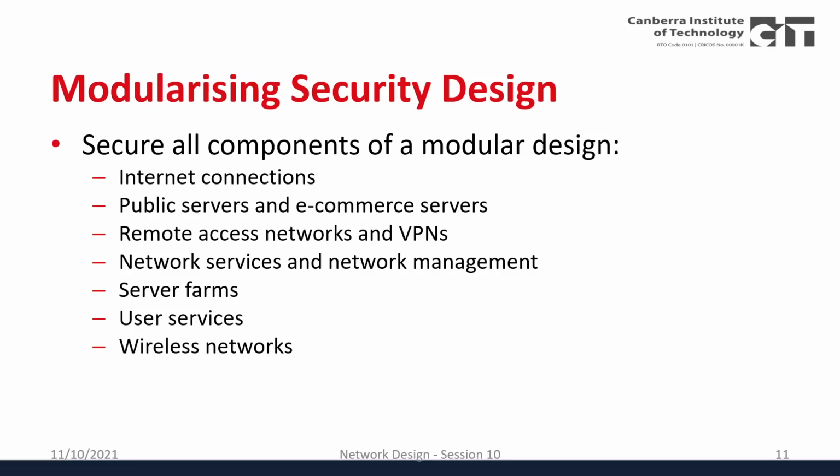If we have public servers and e-commerce servers, we need to make sure we position them in our network in a location such that if that location gets hacked, it is not going to allow someone to hack the private network as well. Okay, and we're going to discuss how we can do that in a few slides. Network services and network management as well. How are we going to manage devices? How are we going to provide the services in our network? And we also have user services and wireless networks.